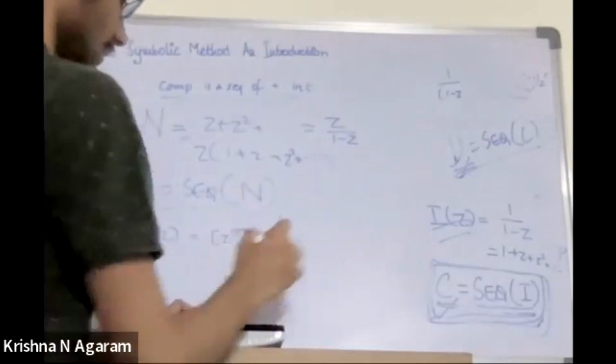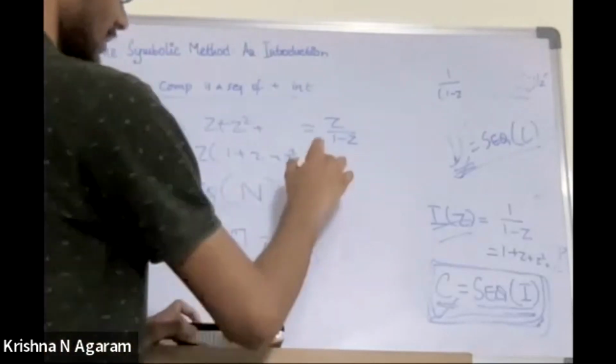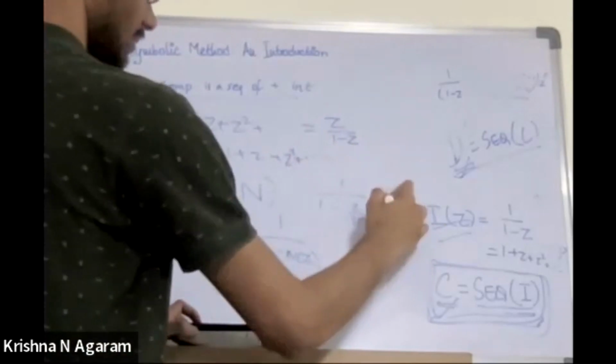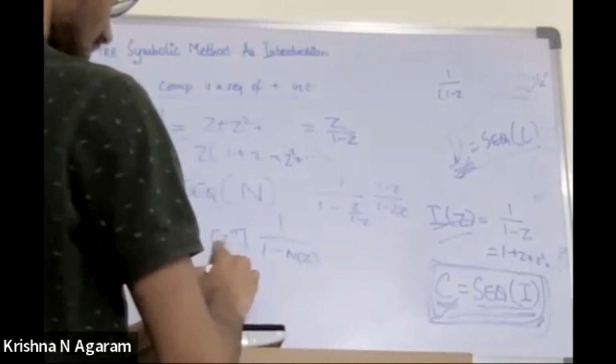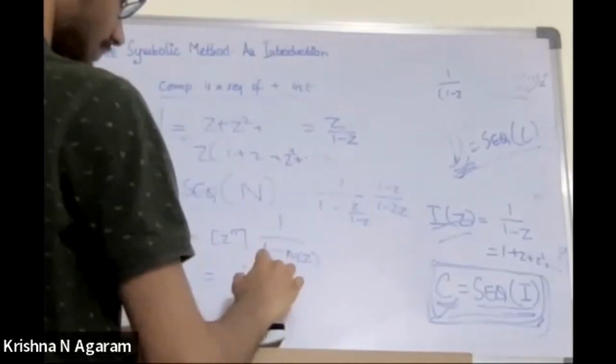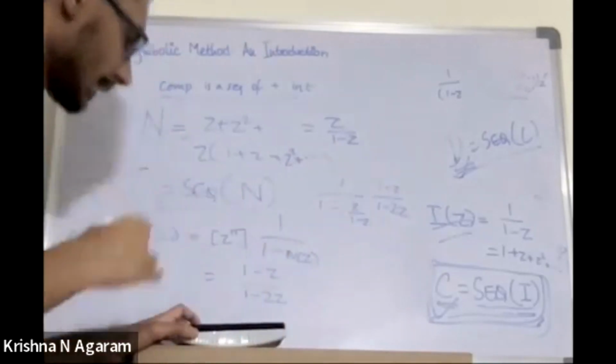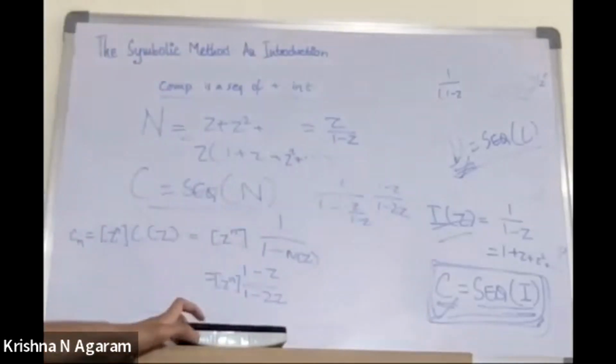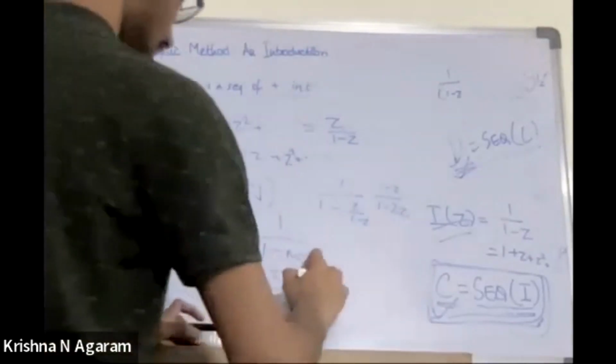So obviously C of z is just 1 by that, and N of z is that. So 1 by 1 minus z by 1 minus z, which is 1 minus z by 1 minus 2z. Correct? So z to the power n is what I want. Fair?